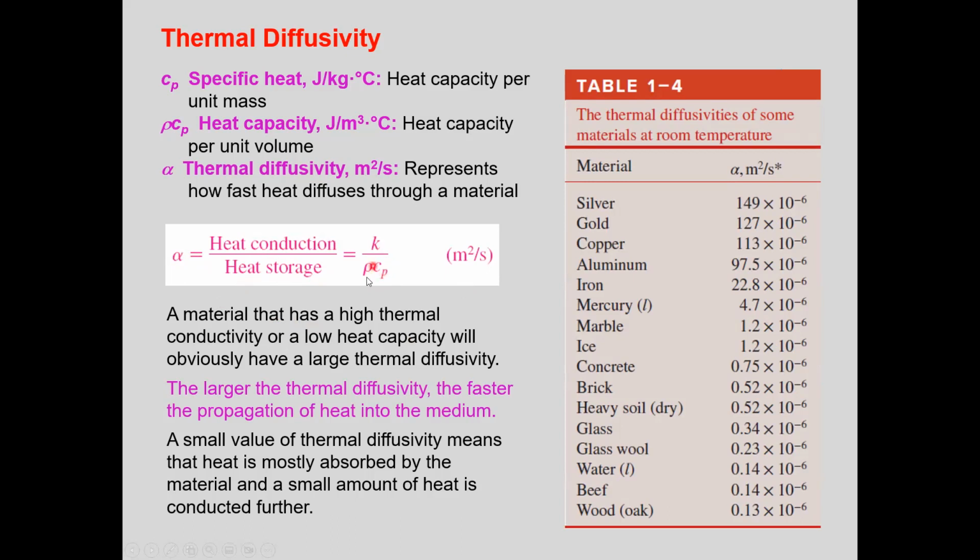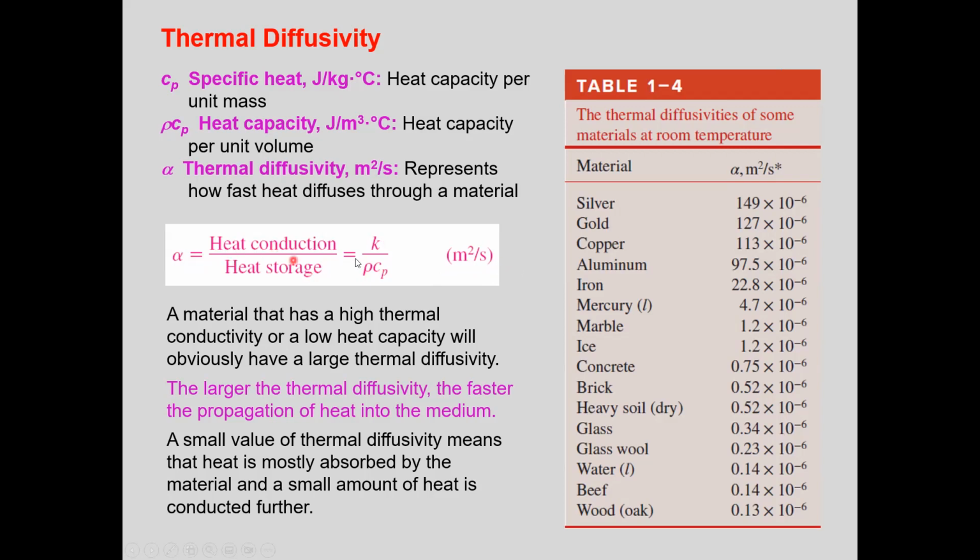The unit of K is watt per meter degree Celsius, rho is kilogram per meter cube, Cp is kilojoule per kilogram degree Celsius. If you do your mathematics, the thermal diffusivity has the unit of meter square per second.